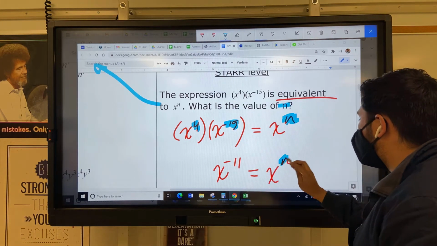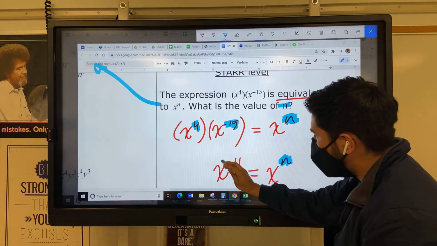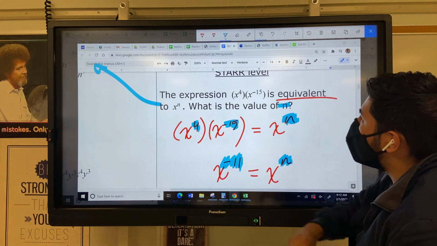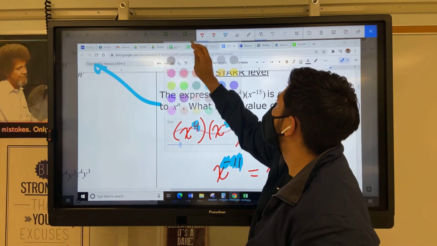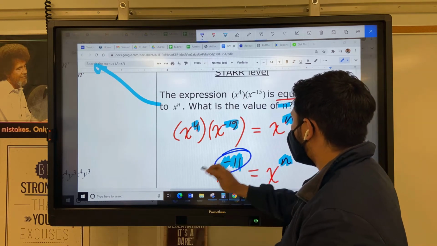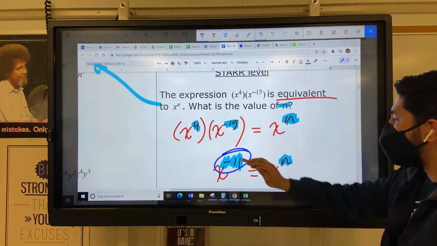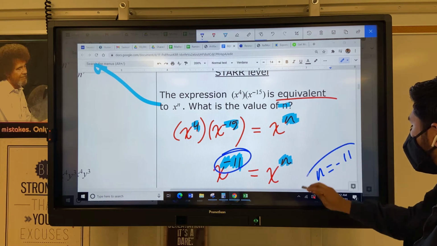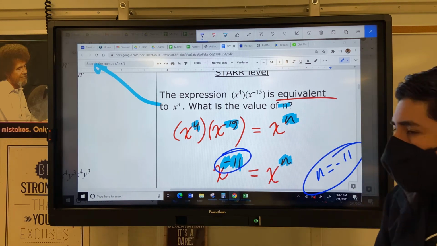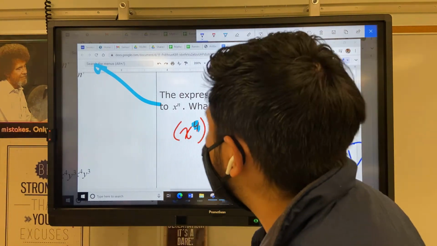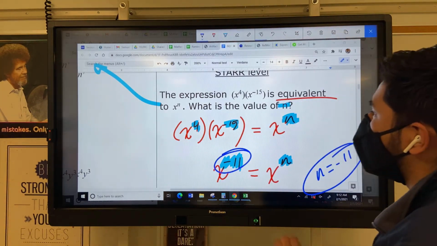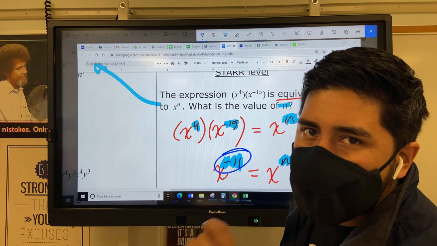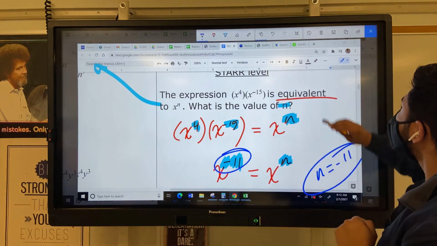So what does that tell me? What is my n value? Negative 11. Boom. And that's it. So you would just say, I know n equals negative 11, because I solved for that answer. Very tedious, ladies and gentlemen. Make sure you're paying attention to the specific things that you're adding and multiplying.